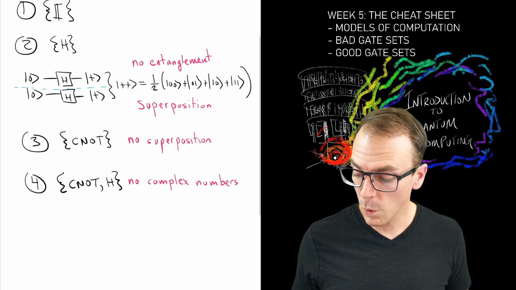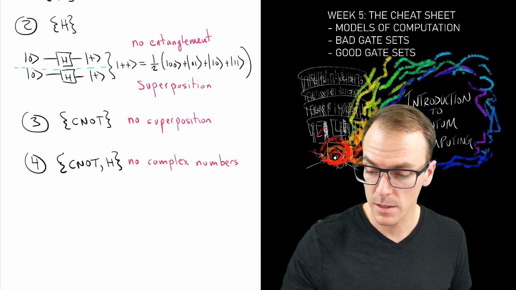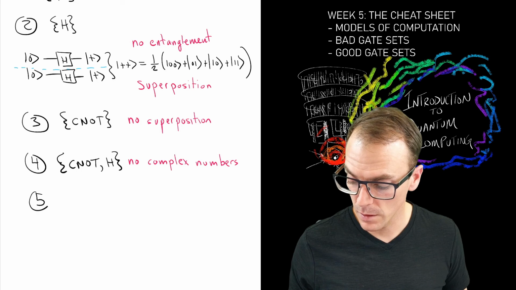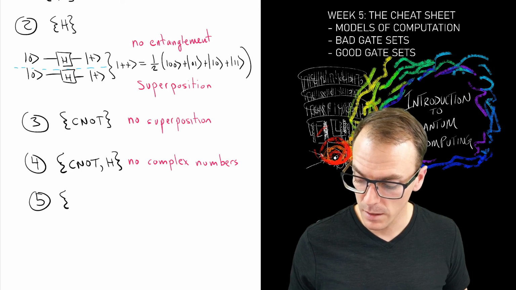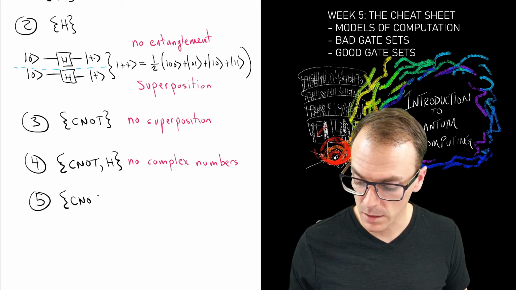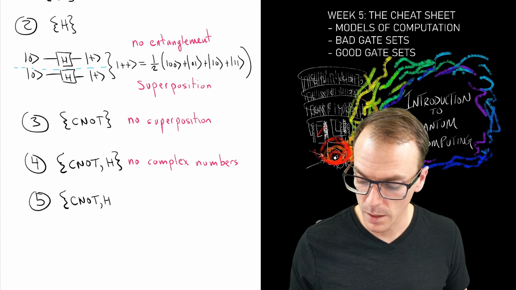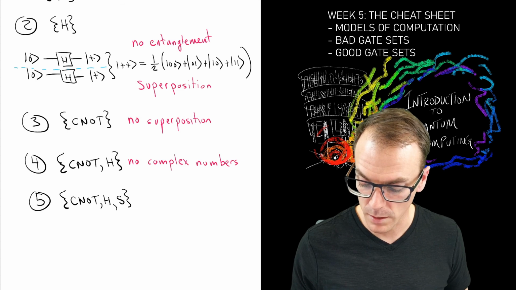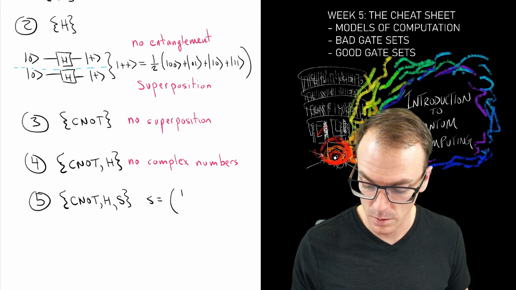And you can get quite sophisticated gate sets. So let's add one more that has a complex number. So Hadamard, and then the S gate, as it's called, where S is 1, 0, 0, i.